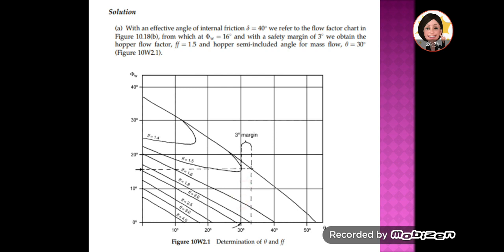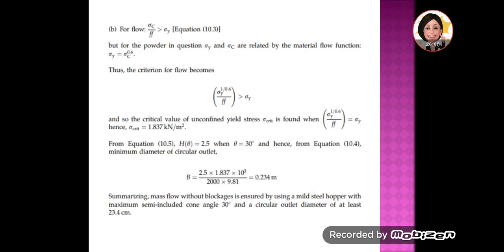Now we have identified the theta. That is the answer for the question of the maximum semi-included angle of a conical mild steel hopper that will confidently ensure mass flow. So theta is 30 degrees.